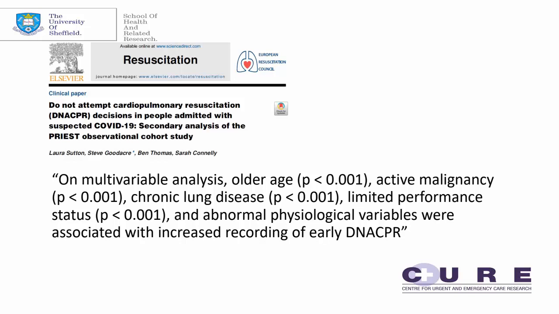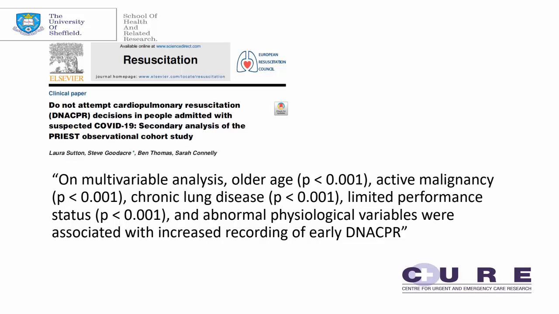And what we found is that the predictors of having a do not resuscitate decision made were older age, active malignancy, chronic lung disease, limited performance status, and abnormal physiological variables. So a whole load of the predictors that we also had in our clinical score.